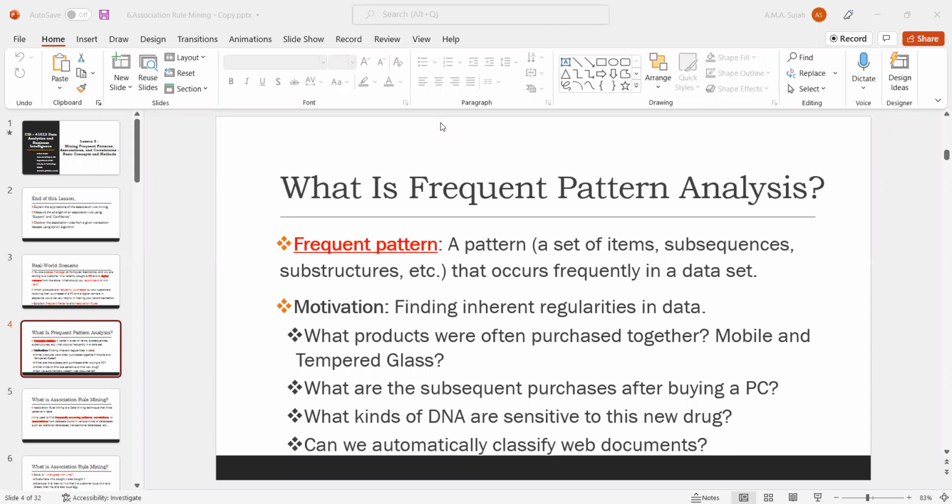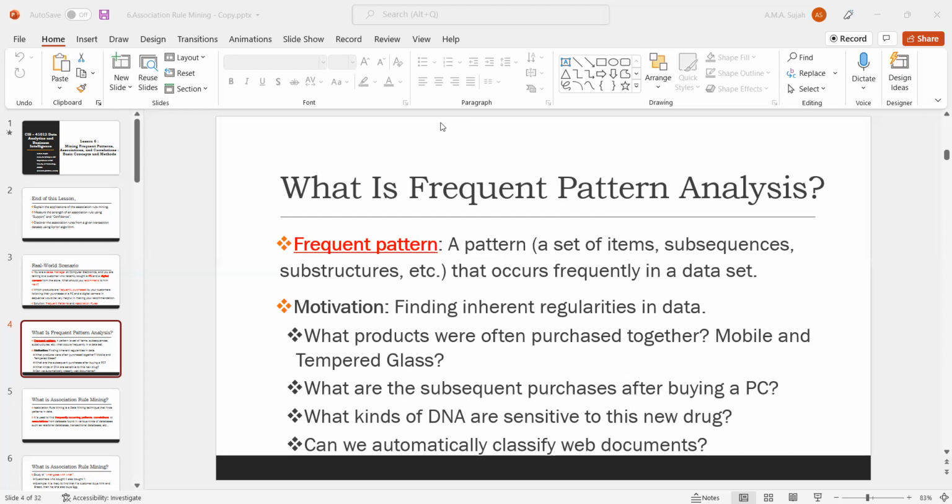As human beings, we can't manually find patterns in a huge amount of data. Let's think we have 10 data items. We can analyze them manually and find some patterns. What if we have 10,000 data sets?